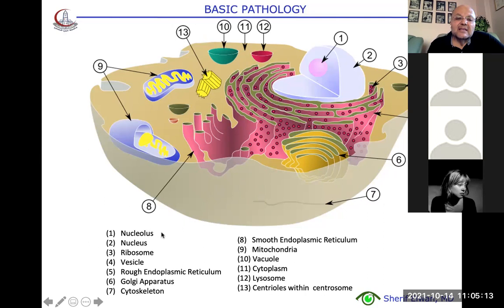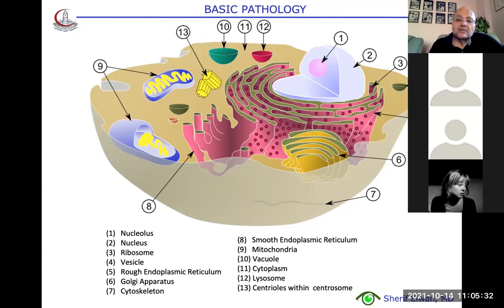And then there are other organelles like the vesicles, and the rough endoplasmic reticulum refers to the structure that makes the skeleton of the cell, and it's rough because it's studded with ribosomes.